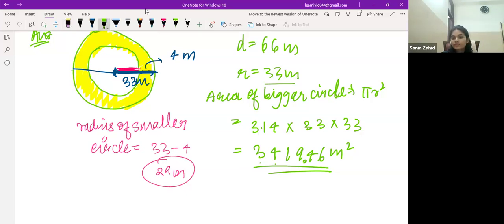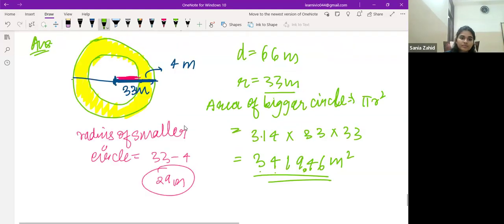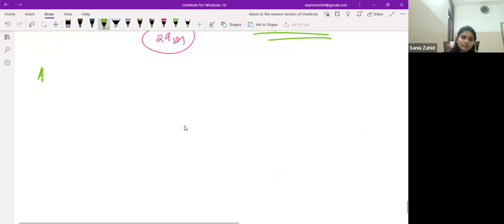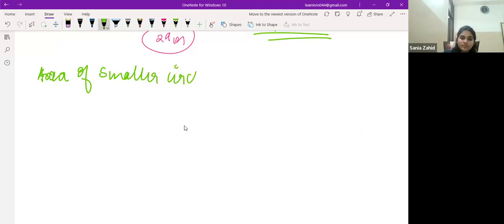Do you understand this much? Yes, ma'am. Now what will be the area of the smaller circle? Pi r square. The area of the smaller circle is pi r square, which equals 3.14 into 29 into 29.